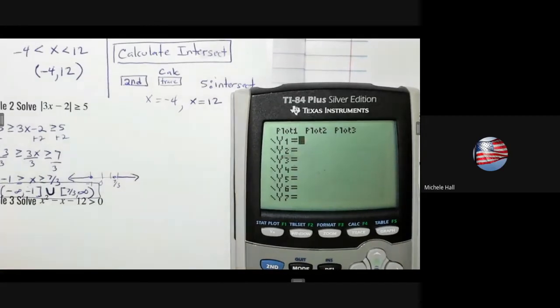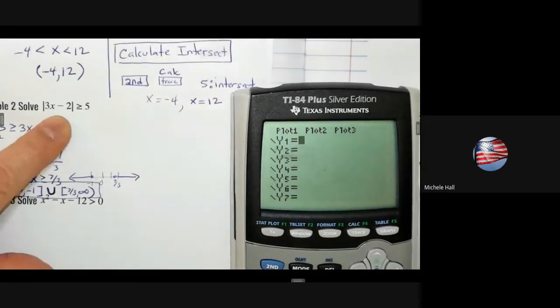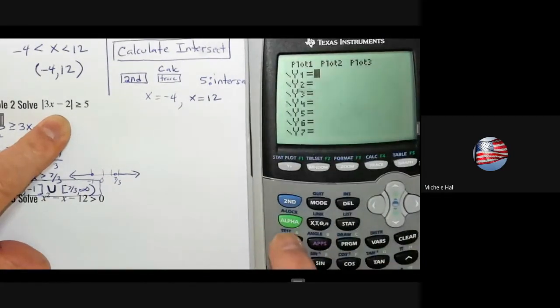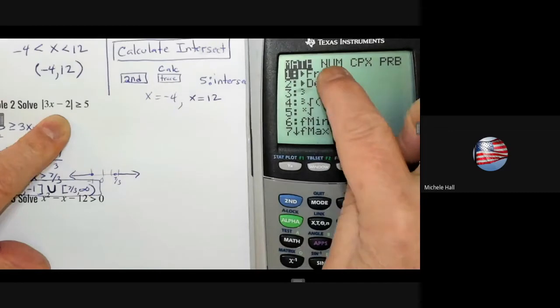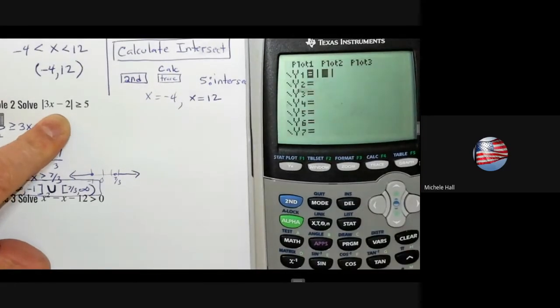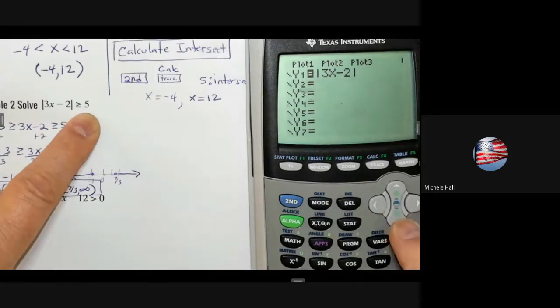All right. The absolute value of 3x minus 2. Go to math, go over to numbers. There's the absolute value of 3x minus 2. And then we're going to have y equals 5 and graph.